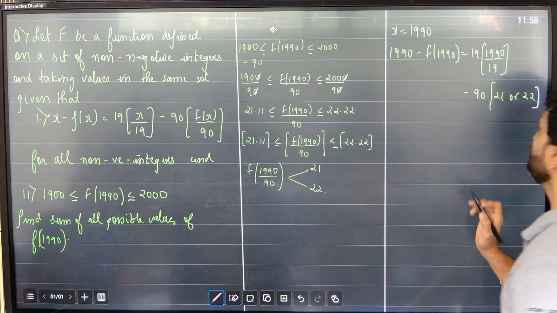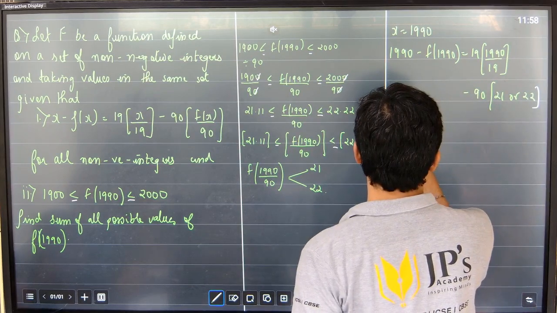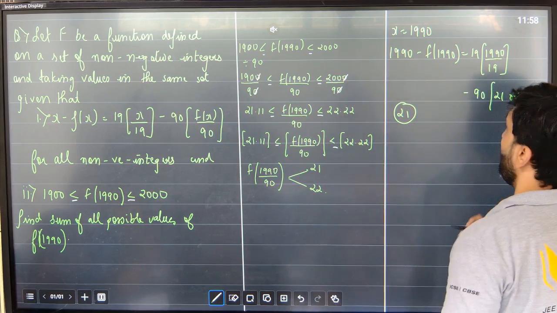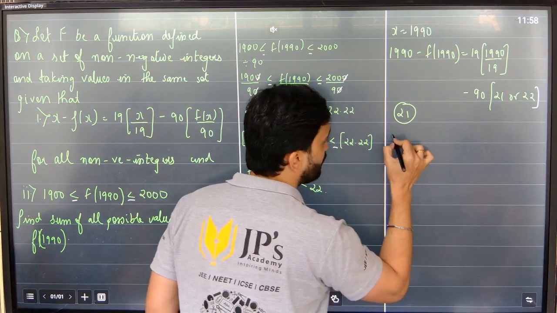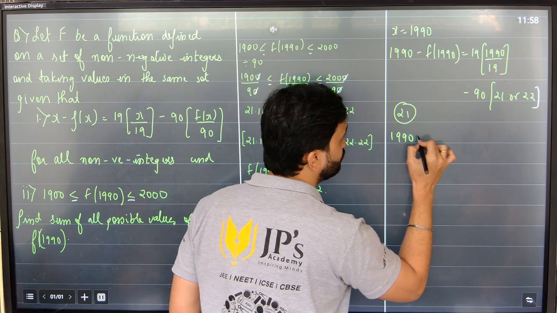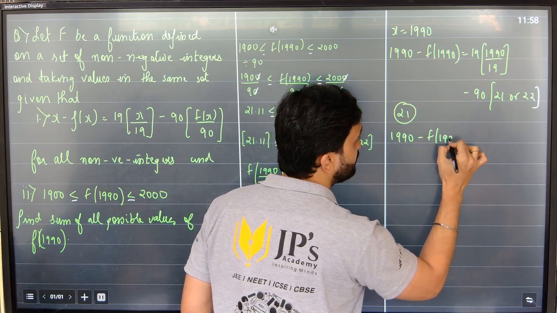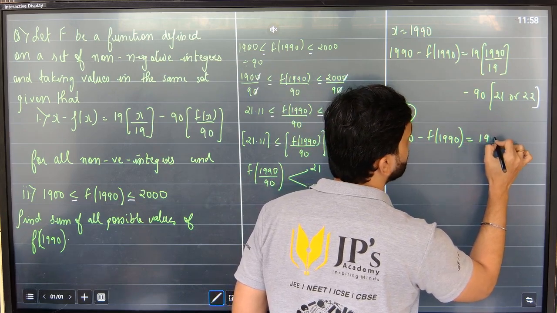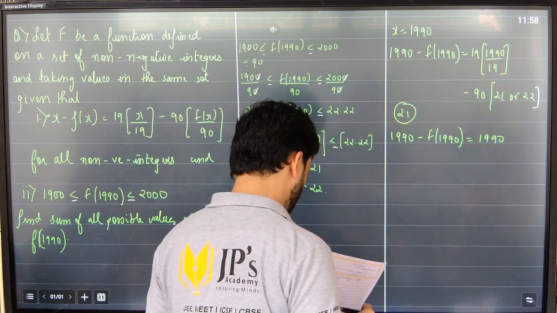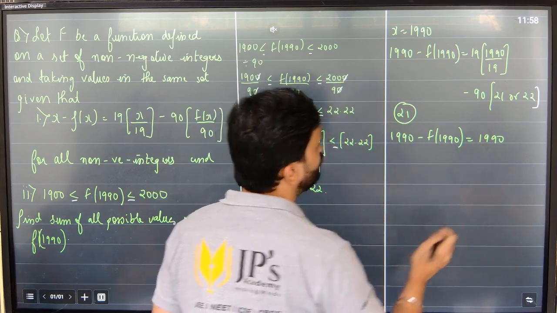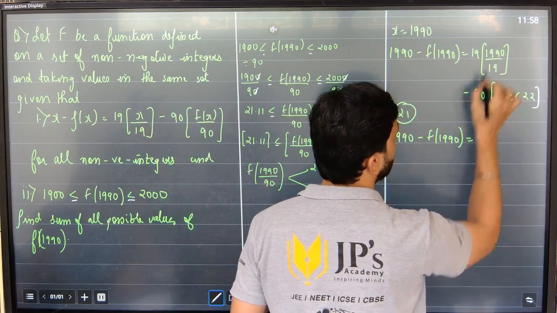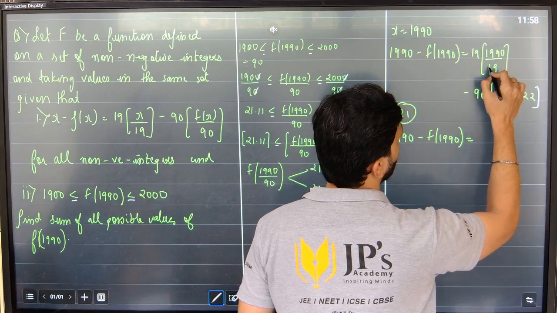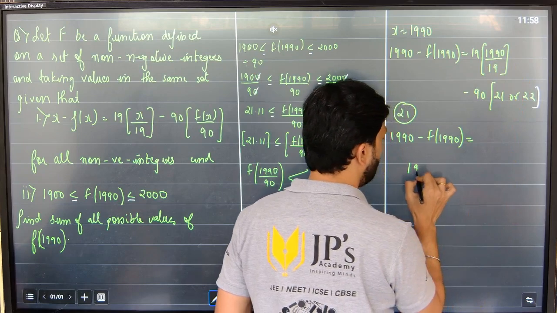So we will solve for 21 first. If I solve with 21, this will become 1990 minus f of 1990 is equal to 19 into the greatest integer of 1990 upon 19.